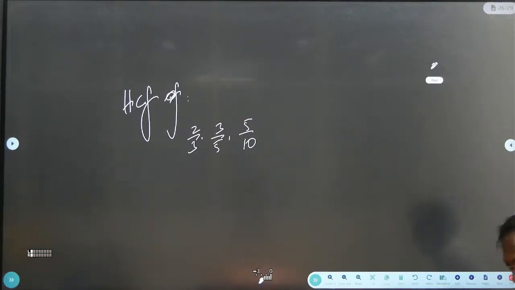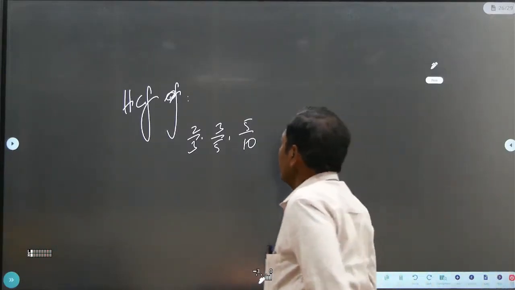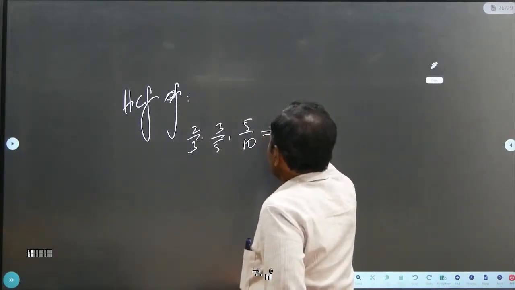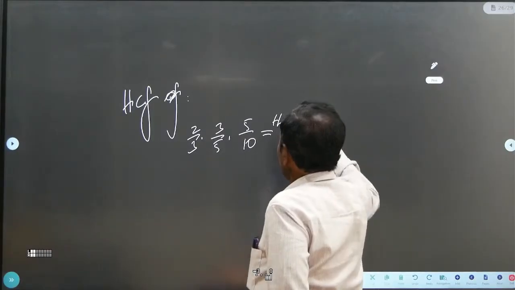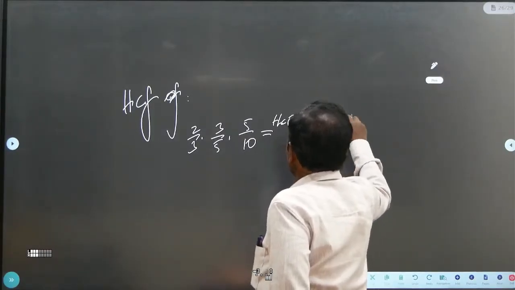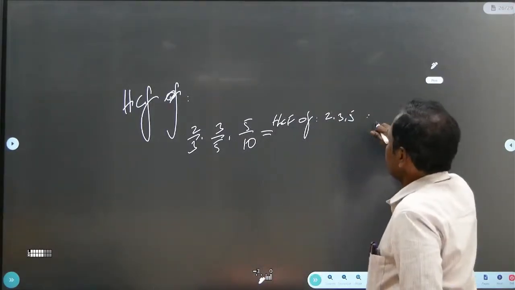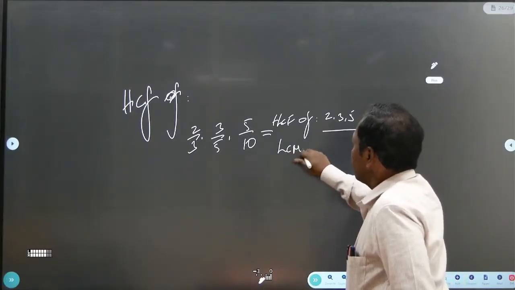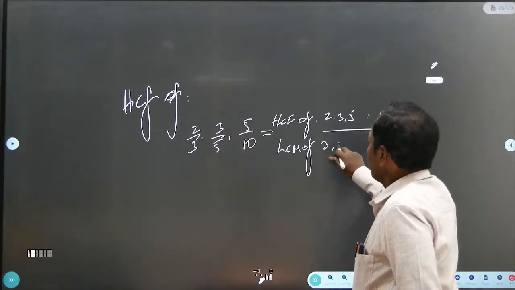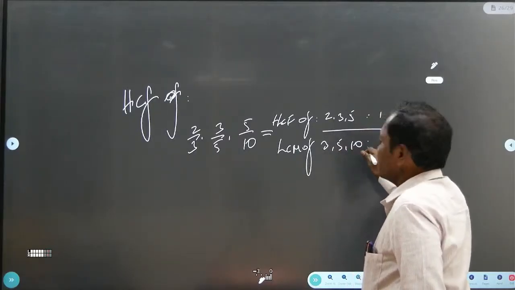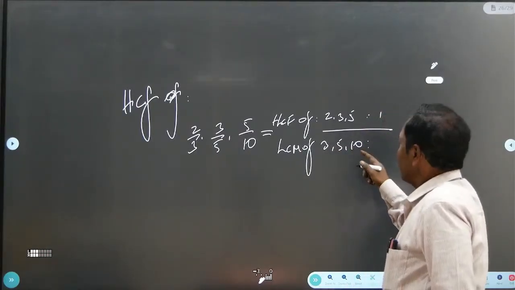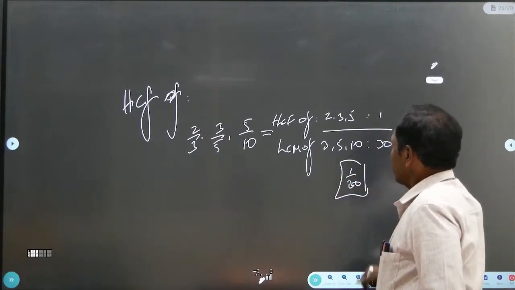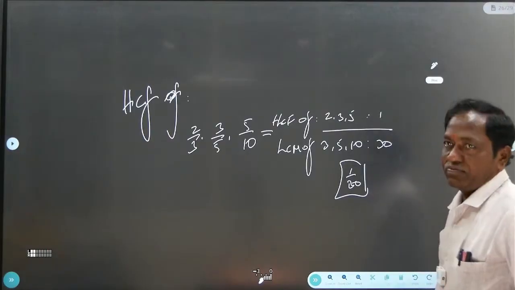See, HCF of 2, 3, 5 is 1, right? And LCM of 3, 5, 10: 10 is the LCM. 10, 20, 30. So 1 by 30 is the HCF. Okay, fractions.